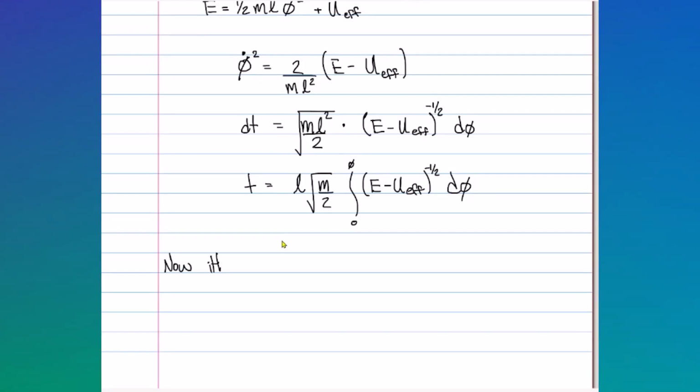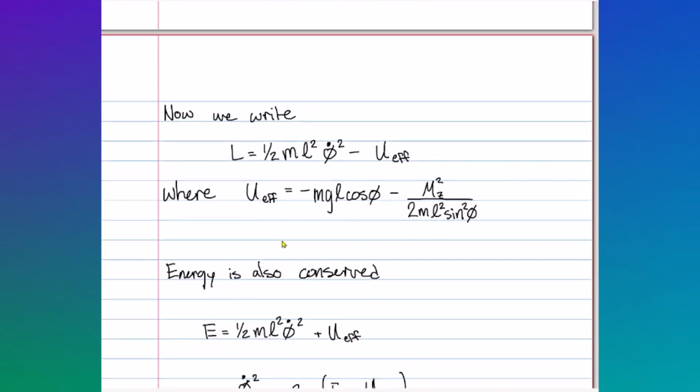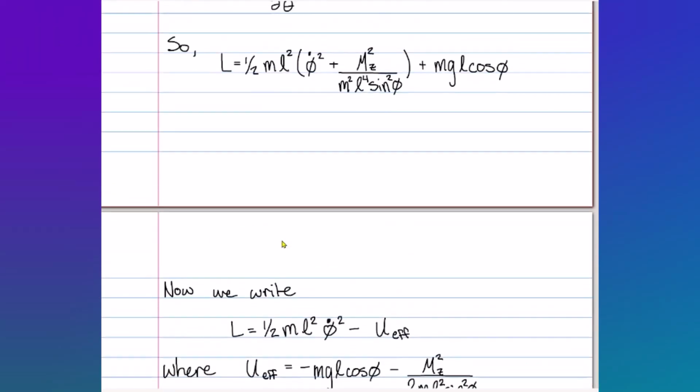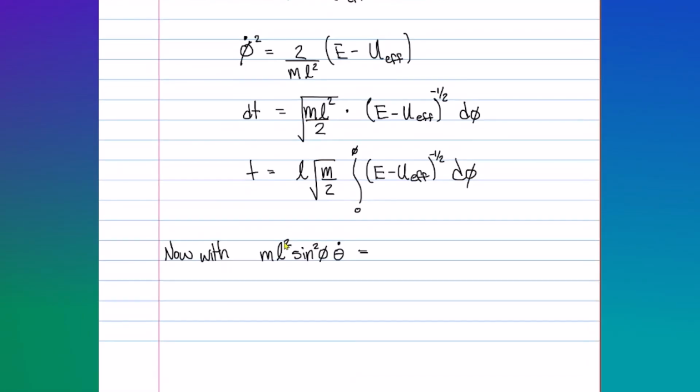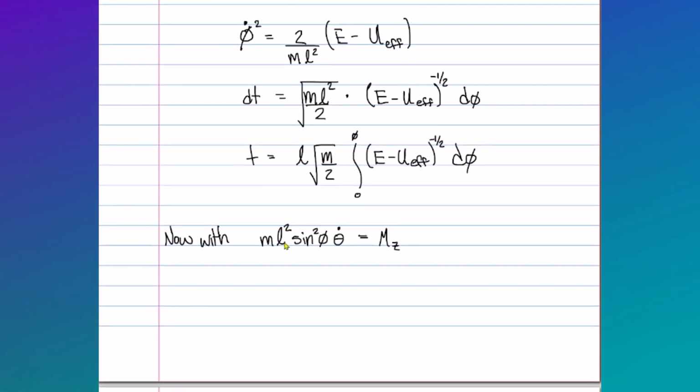Next we have another equation to use. So this time we're using the equation for the conservation of angular momentum around the z-axis. We're going to use this in order to solve for d theta in terms of dt.